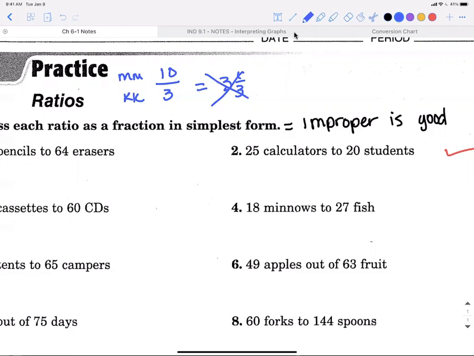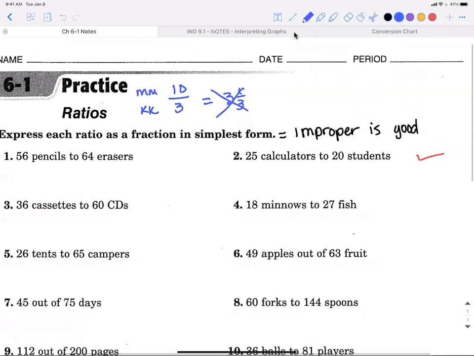And if it helps you to remember, you don't want to eat some weird candy that's some mix of a Kit Kat and M&Ms. You want to leave it as 10 M&Ms for every 3 Kit Kats. All right, makes sense? So while we're dealing with ratios in this chapter, we're going to leave them as improper, and that's okay.